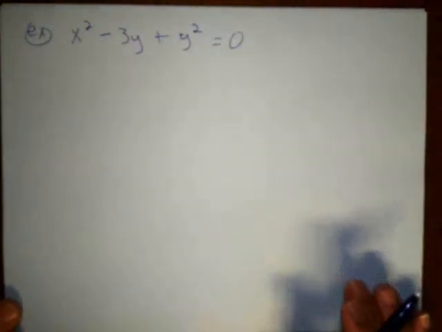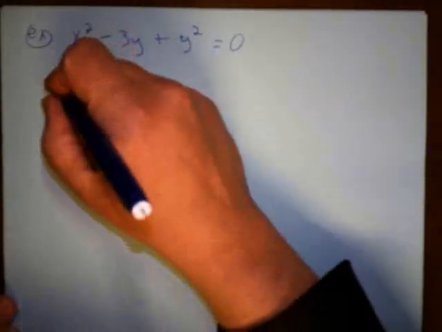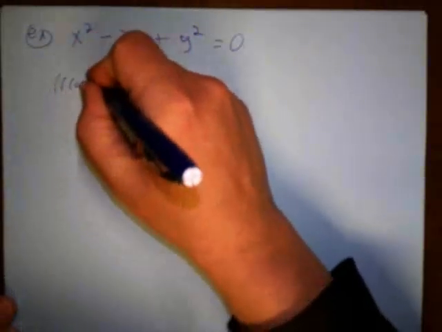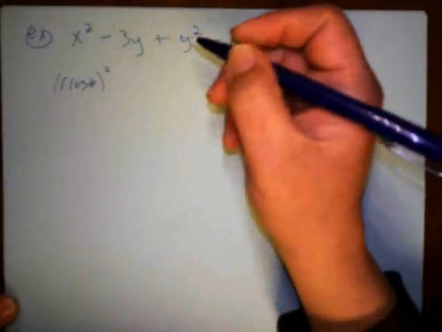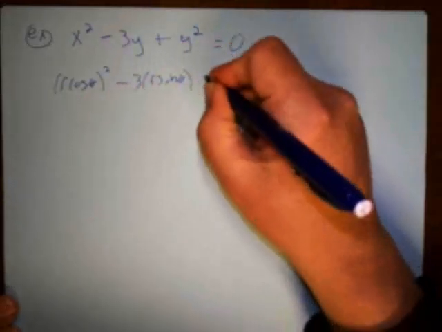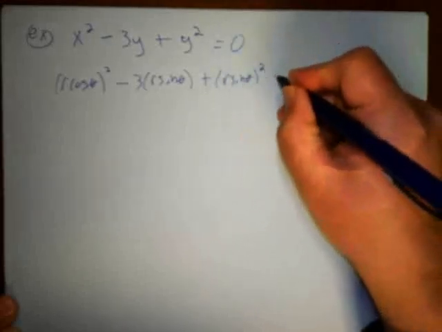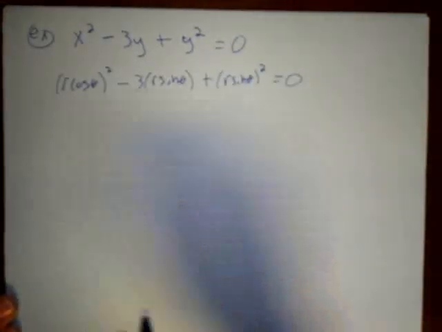Okay, so let's try this one here. So for this one here, I'll put in my r cosine theta in for x, and then r sine theta in for y. This is equal to 0.